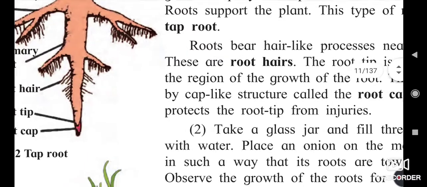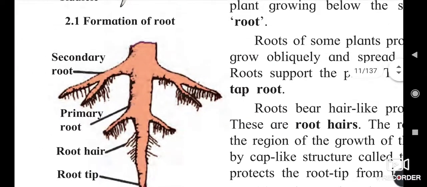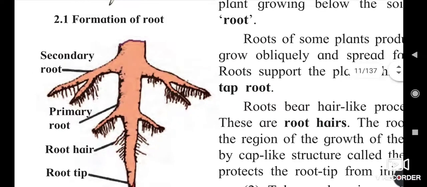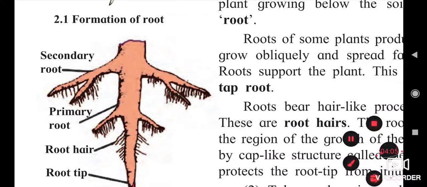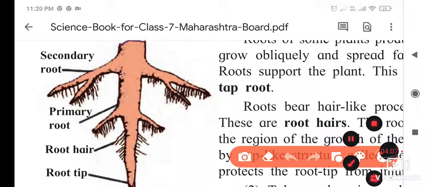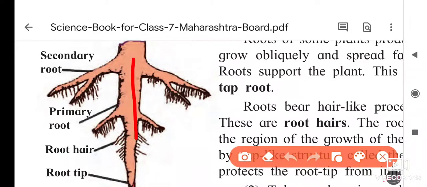So in this picture, this is the main root, and this is the secondary root. This secondary root has hairs along it.